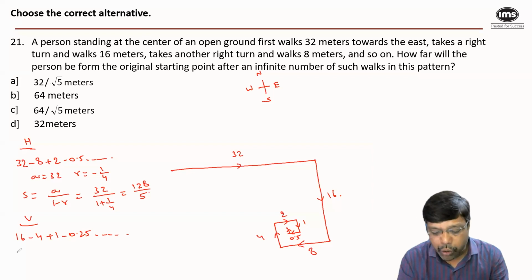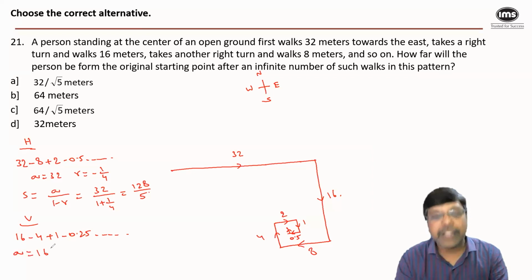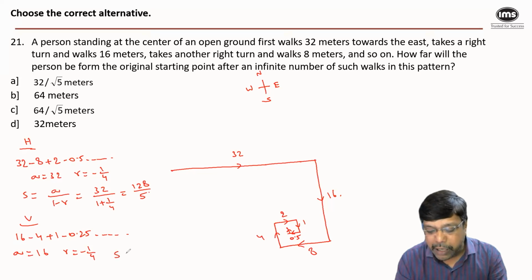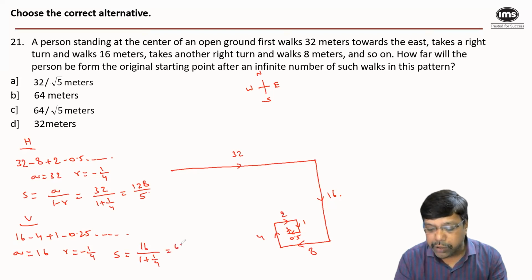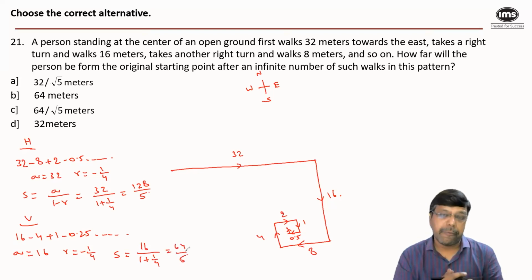Now, this is also a geometric progression with the first term as 16 and the common ratio as -1/4. Hence, sum of all the distances traveled vertically is equal to 16 by 1 minus of -1/4, which is 16 by 1 plus 1/4. That is equal to 64 by 5.